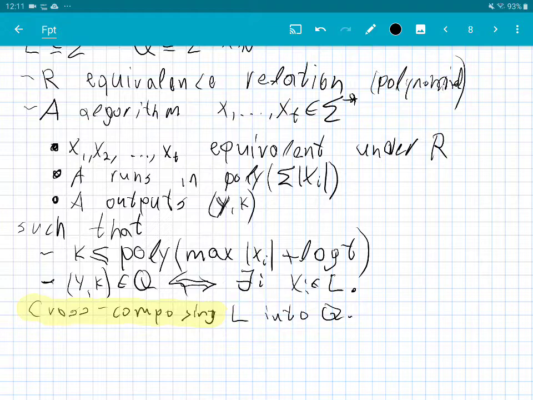It says you can take a huge number of instances and generate one instance in polynomial time, and this instance has a small parameter, such that it's true if and only if one of the original instances is true. The intuition is that if you can do this cross-composability, then you're very close to being able to solve the problem in polynomial time.